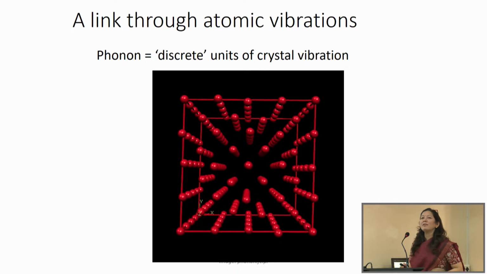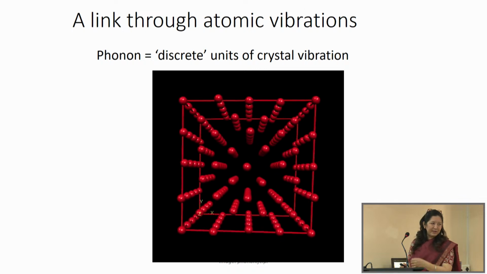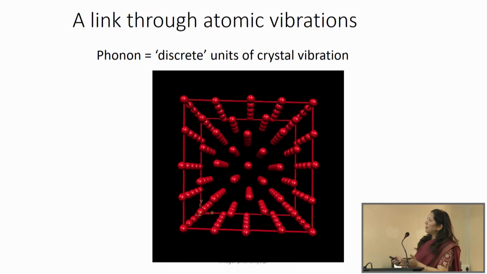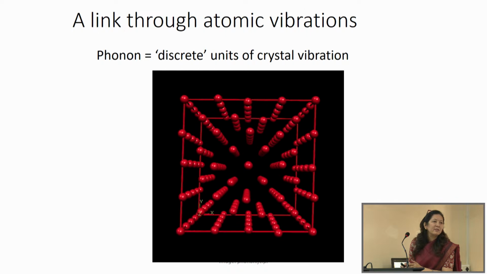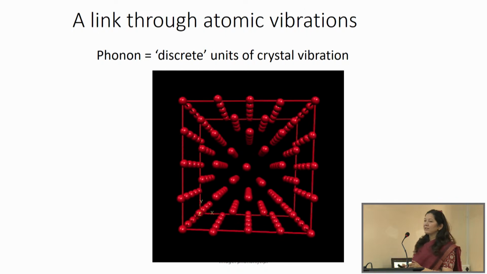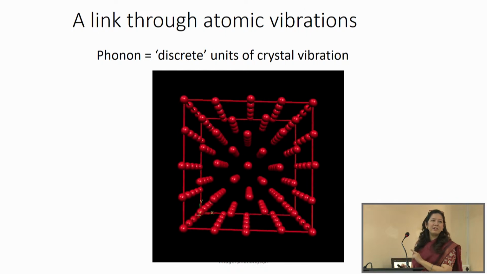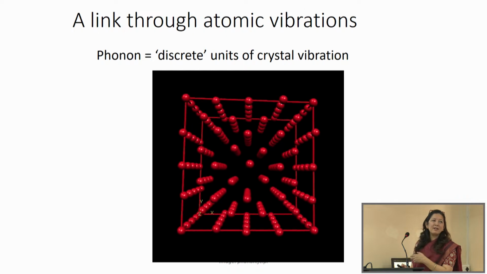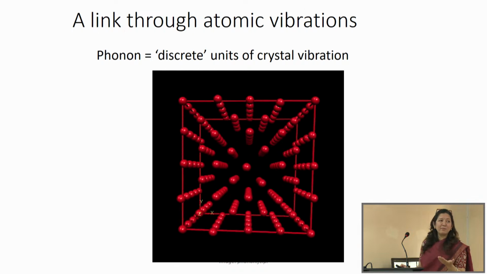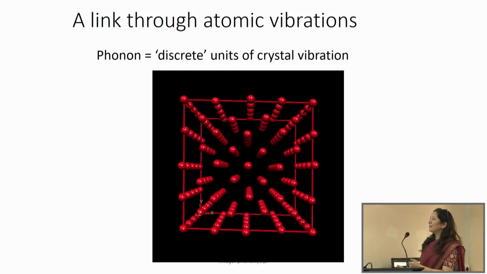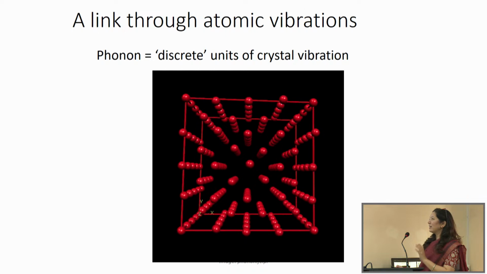You must have read many times what spin-phonon coupling is. Phonons are nothing but discrete units of crystal vibration. This is the effect of phonons on a crystal, and with phonons you can measure the vibration in the crystal. I am saying it very crudely.